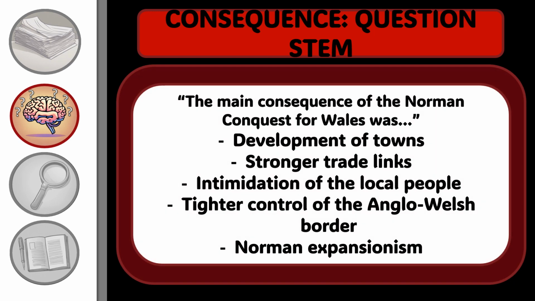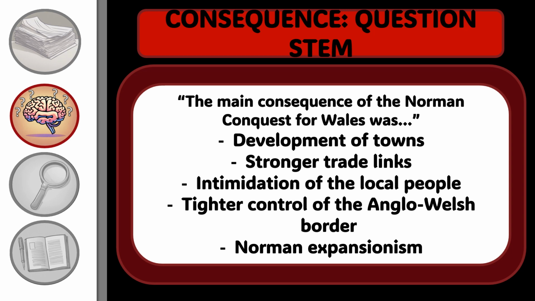So this is what they could potentially say is the development of towns or stronger trade links. Both of those link to the long-term function of castles as trading hubs, and the fact that towns grew around castles due to commerce and growth in the local economy.